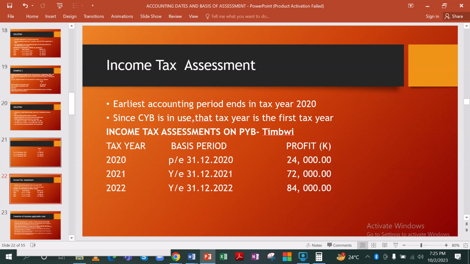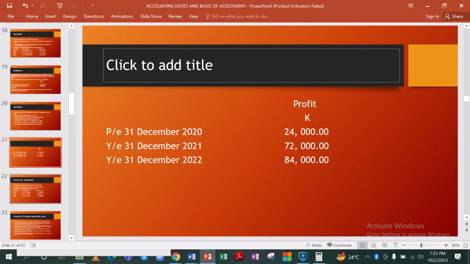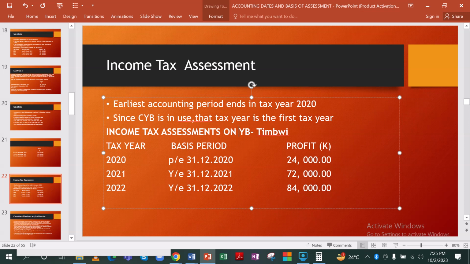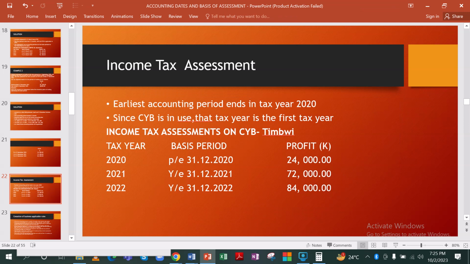That's what we have. Let me just change current year basis here. Okay, fine. So current year basis.